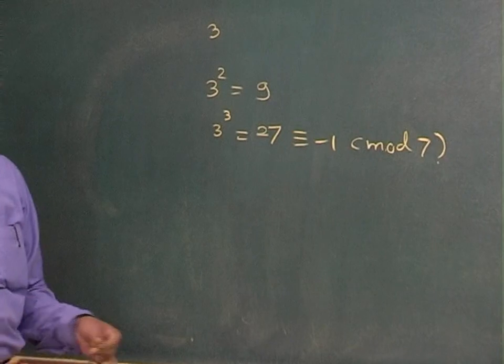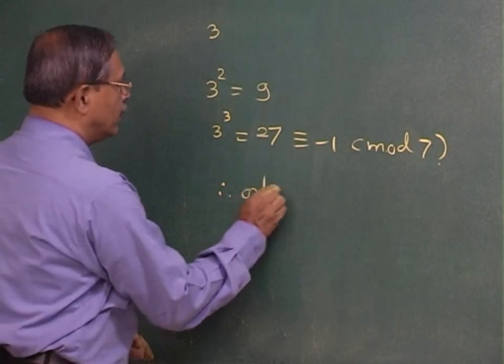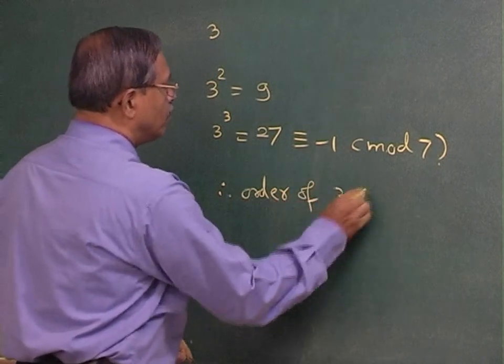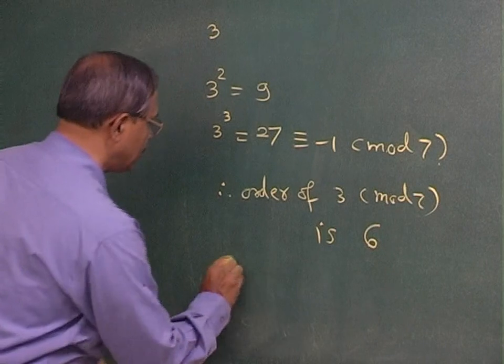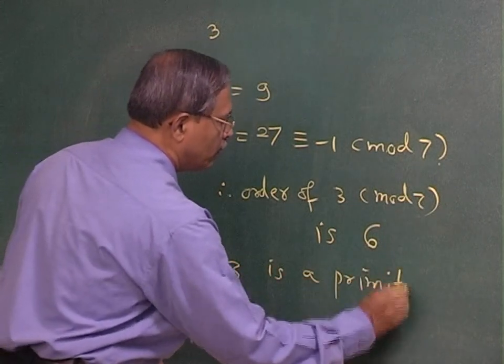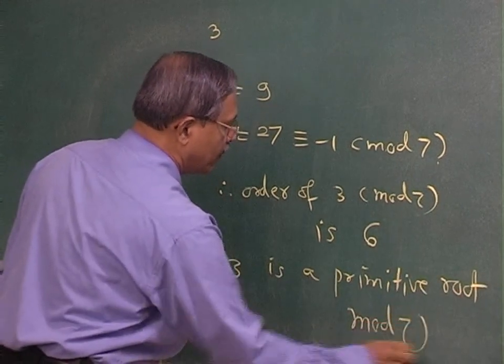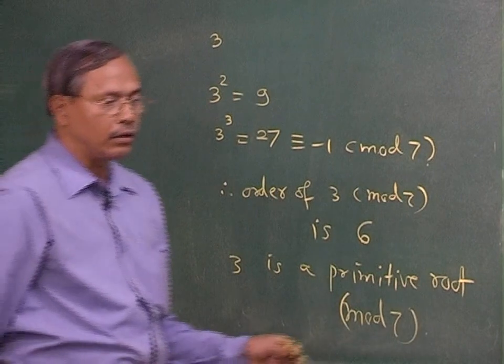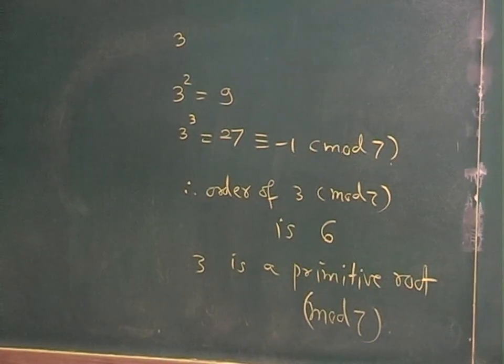Because the only possibilities are 1, 2, 3 and 6. So the order of 3 mod 7 is 6, and 3 is a primitive root mod 7. We will see that for any prime, a primitive root exists.